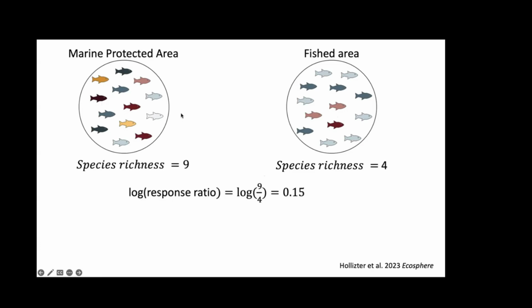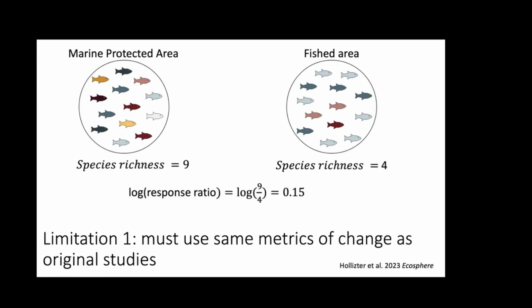So where we stop harvesting fish from a spatial area that we set aside from harvesting, we do some calculation to calculate how big of an effect stopping fishing had on species richness. This is to emphasize that first limitation, that we can't just calculate all of the metrics that we are interested in. We can't address this multi-component nature of biodiversity. We're really stuck to whatever they calculated in the original studies.